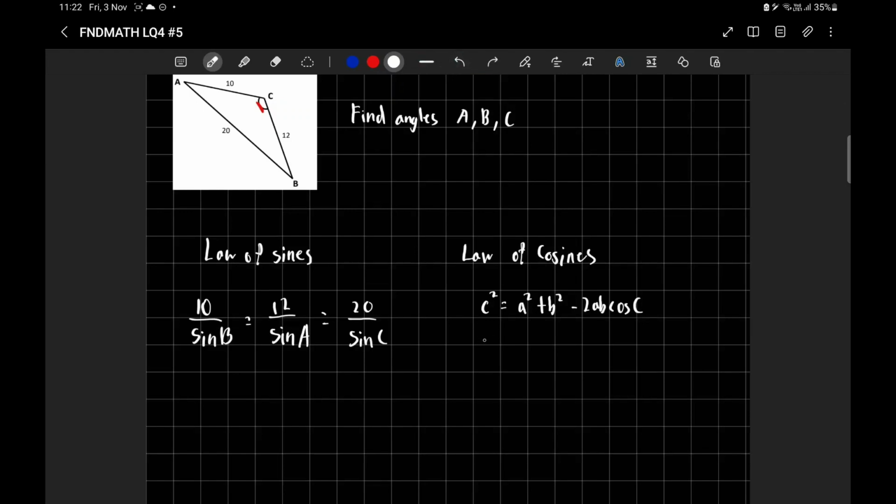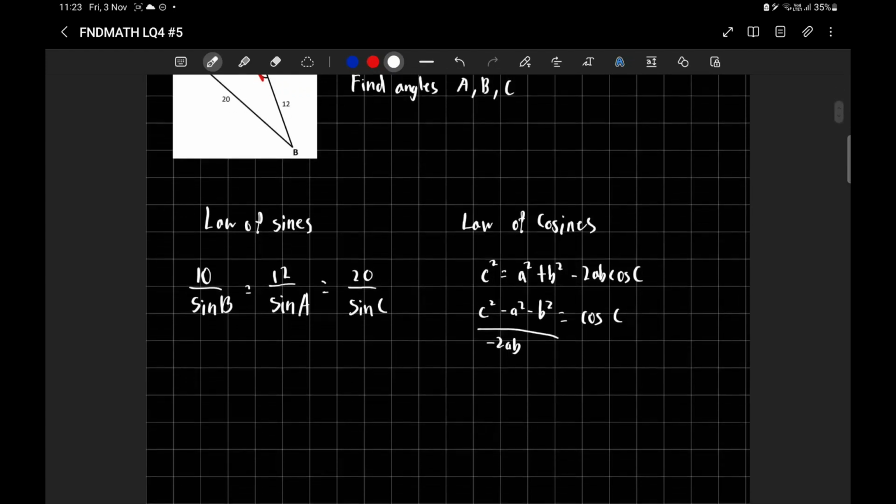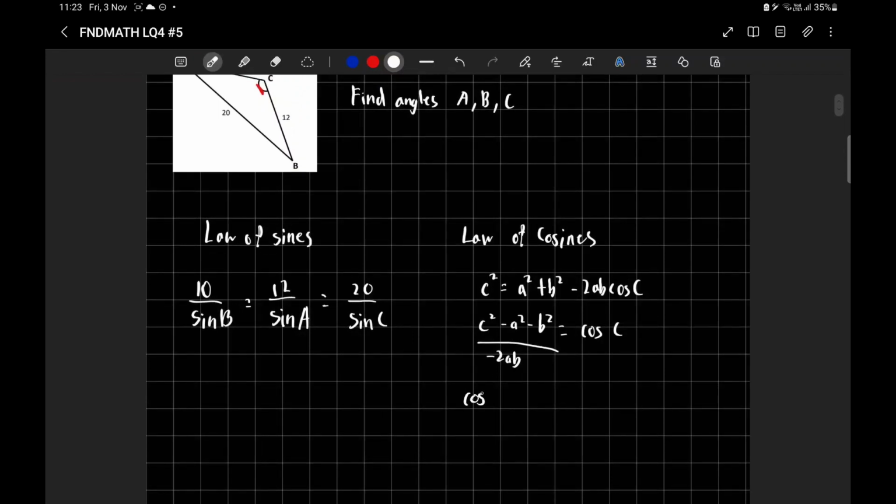We can put all the other terms on the other side: c squared minus a squared minus b squared over negative 2ab is equal to cosine of C. In order to remove the cosine, we simply multiply by arc cosine. So arc cosine of c squared minus a squared minus b squared over 2ab is equal to simply C.